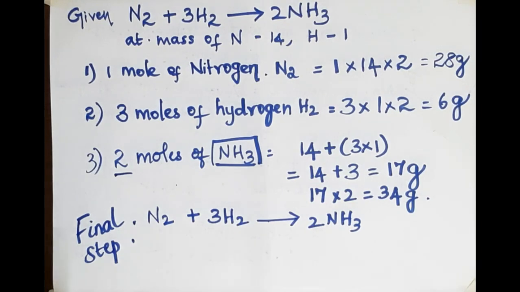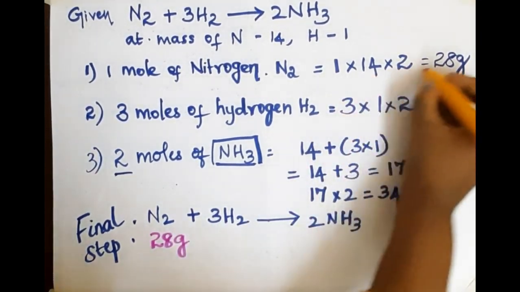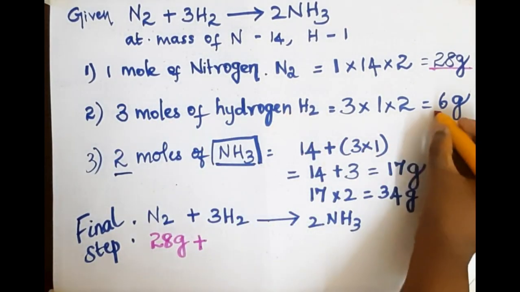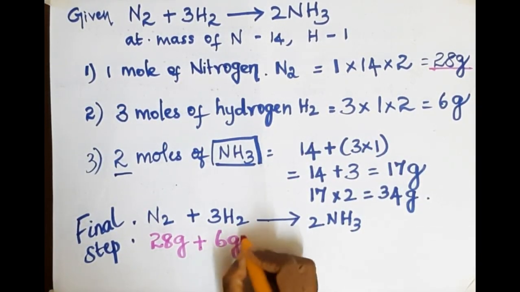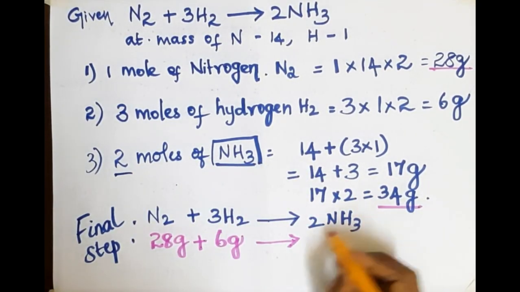Now we have calculated each and everything. 1 mole of nitrogen is 28 gram. See here, 28 gram. Plus, what is the answer for 3 moles of hydrogen? It is 6 gram. 6 gram gives, what is the answer for 2 moles of ammonia? It is 34 gram.